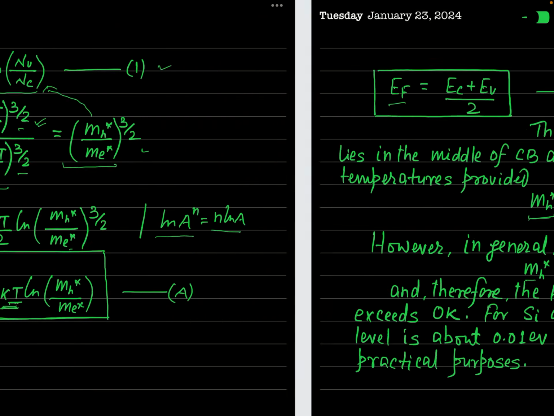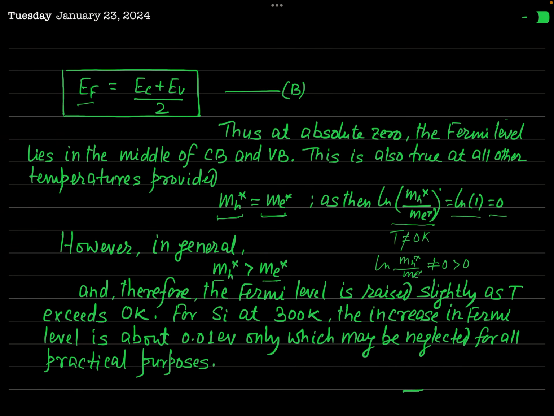But this increment of Fermi level due to the rise in temperature is not very appreciable, because the rise in Fermi level is very small, and so this very small change can be neglected for any practical purpose.